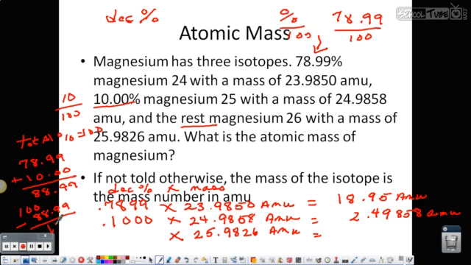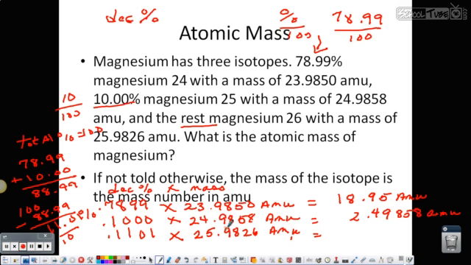So 11.01 is my percentage. Divide that by 100, and I get 0.1101 times 25.9826.